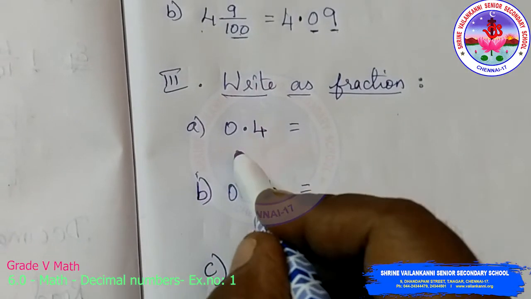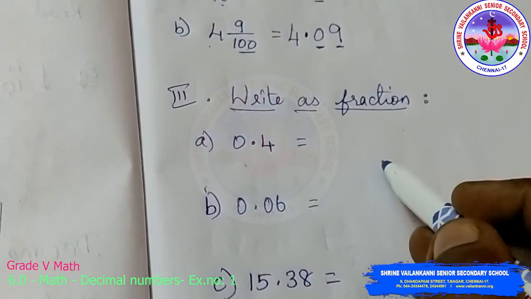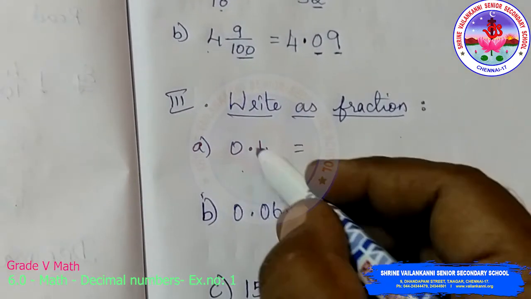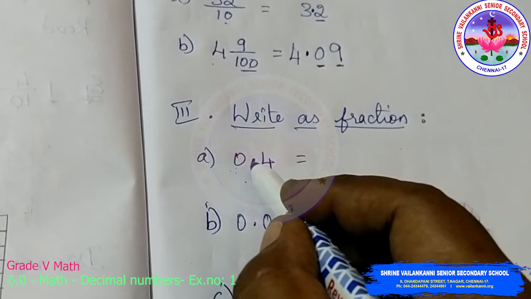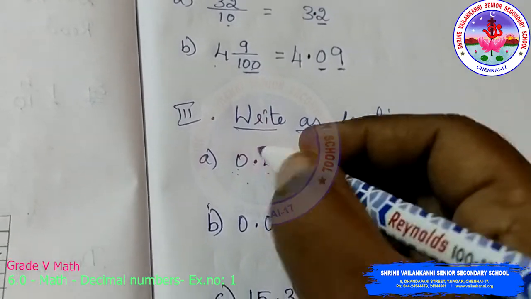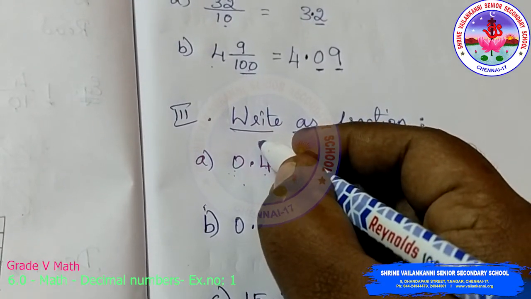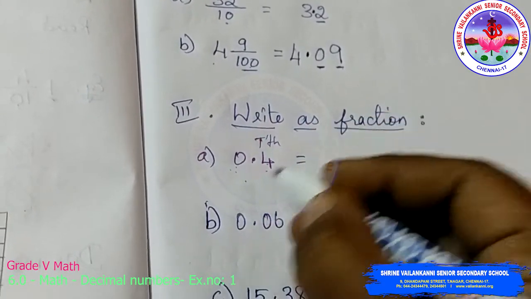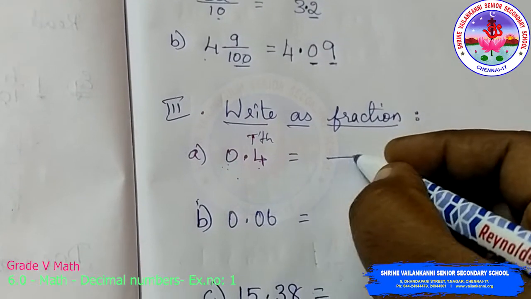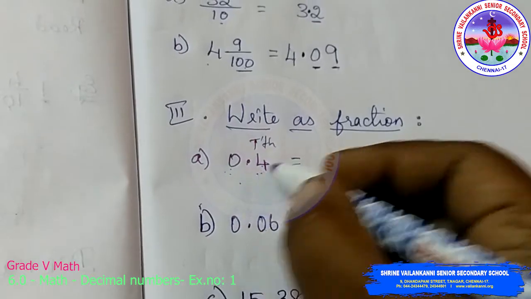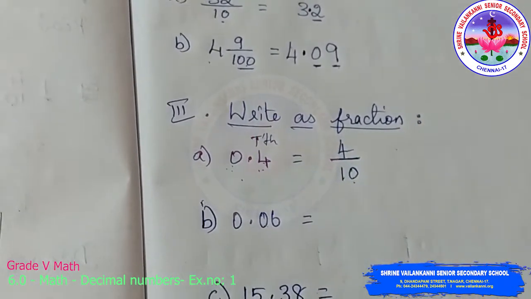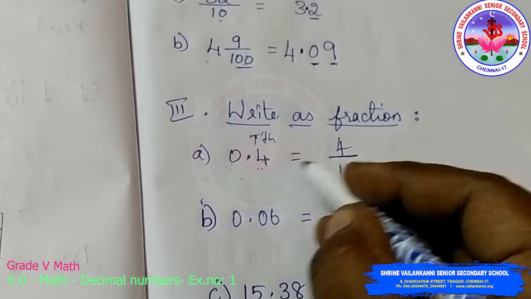Next, writing as a fraction. Given a decimal number, you have to convert it to a fraction. Here before the decimal no whole number. After the decimal one place, that is tenths, so denominator 10, numerator whatever number is there you have to give it, no whole number.